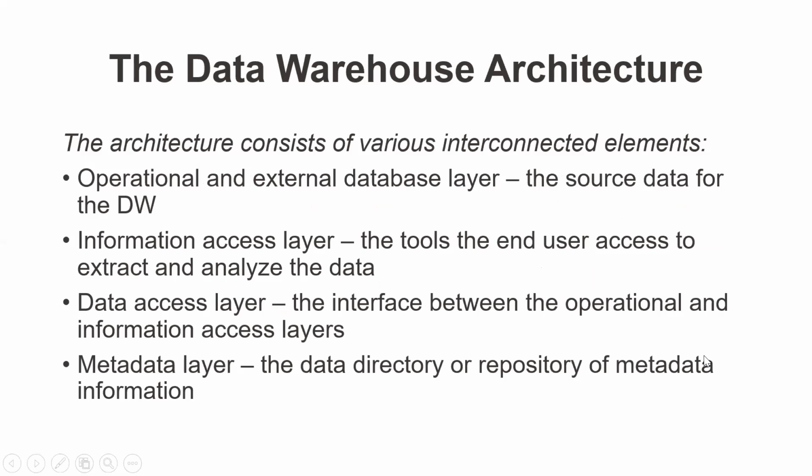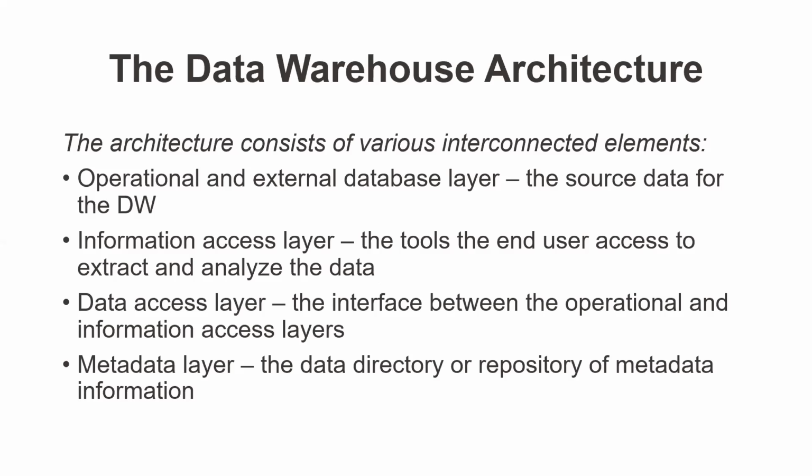The data warehouse architecture. We have various types of elements in a data warehouse. First, the operational and external database layer, the tools or the sources of data for the data warehouse. So whatever sources we have, they are treated as the operational database layer.